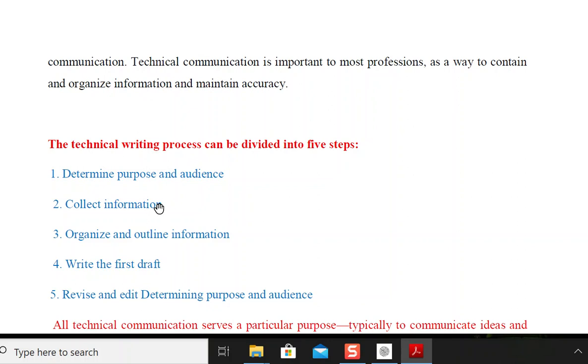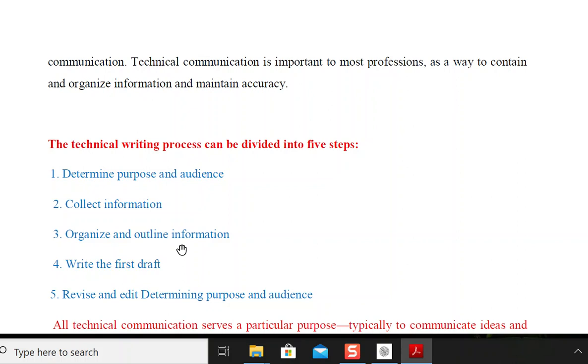Thereby, you have to collect the latest information, and then organize and outline it. Whatever data you collect from the internet, from your live resources, from your subject and software analysis, all that information has to be organized and outlined, because you have to put it into report form.